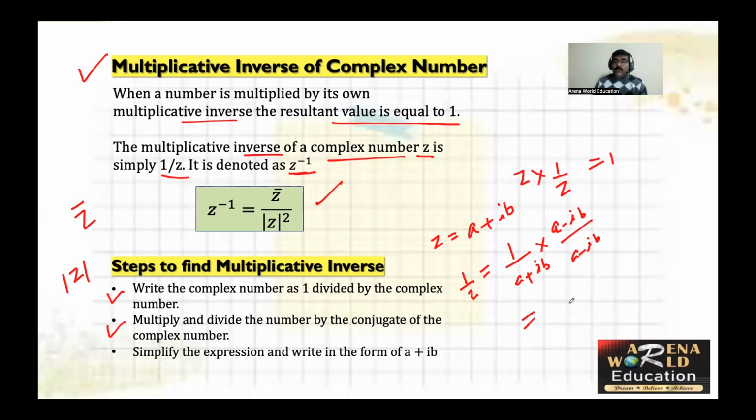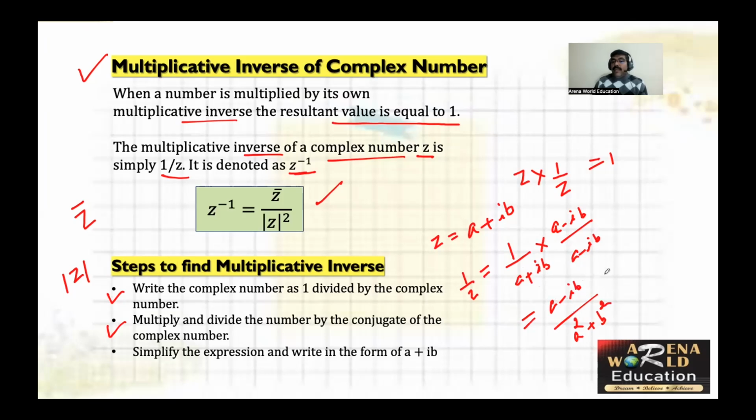So 1 into a minus iota b is a minus iota b. And in the denominator, a plus iota b into a minus iota b, we apply a square minus iota b whole square, and directly I'm writing it will be a square plus b square, right?